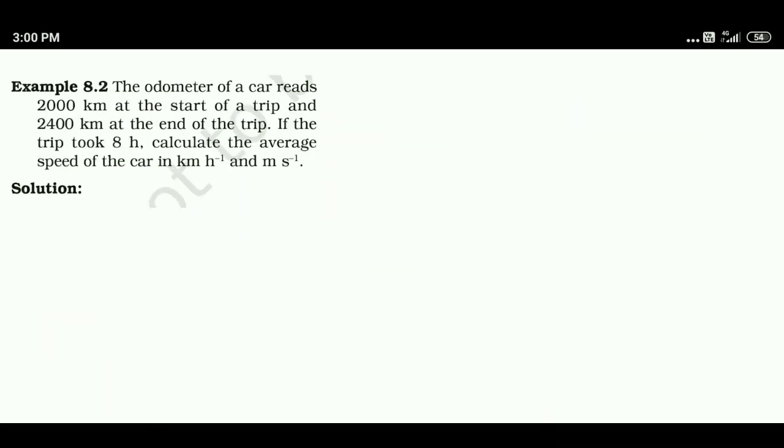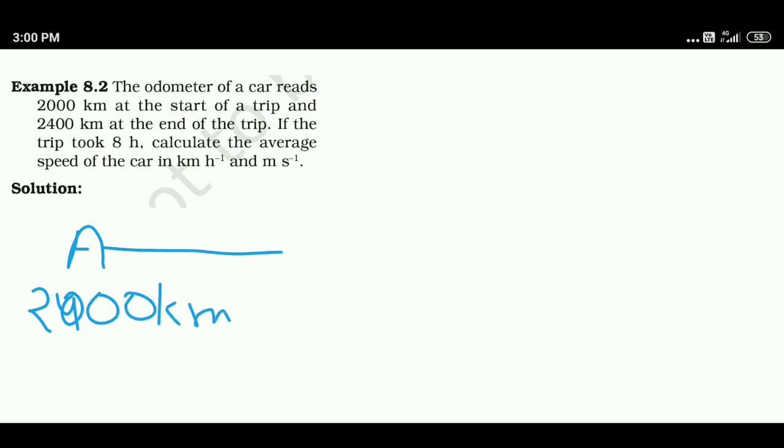Here is our next question. Example 8.2. An odometer of a car reads 2000 kilometers at the start of a trip. It means the odometer's starting reading shows 2000 kilometers.